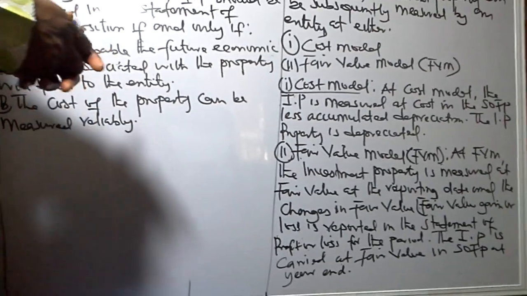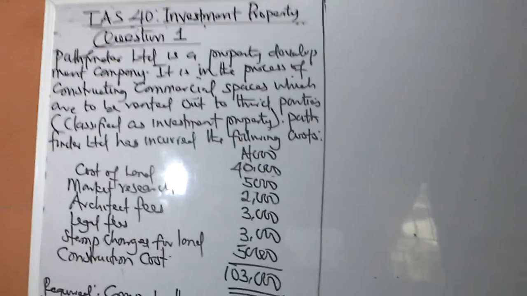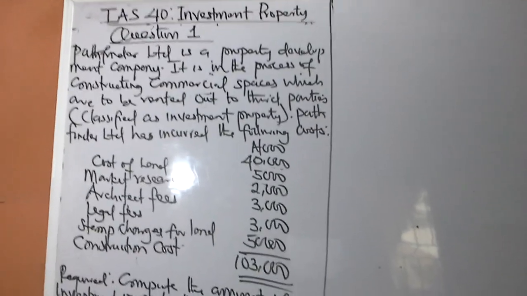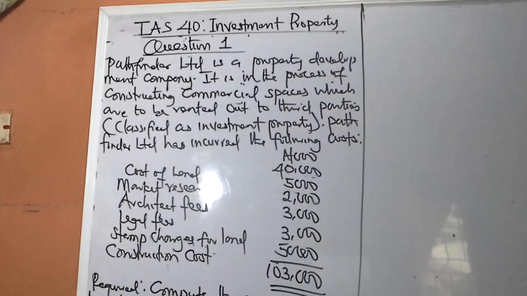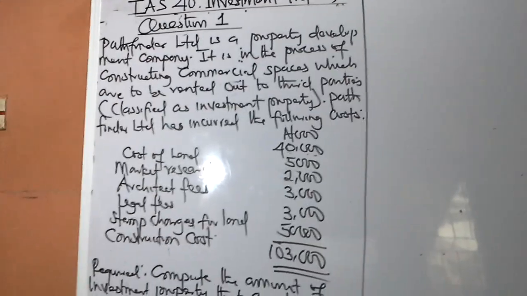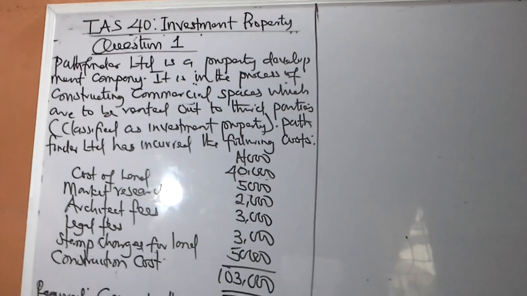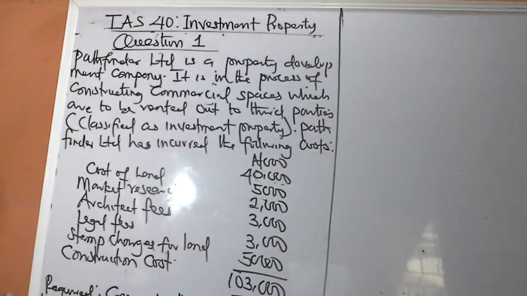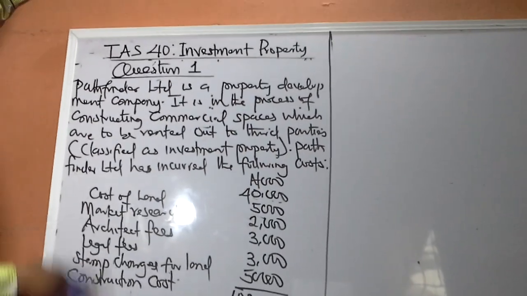So let's now look at a worked example. This is the first question. Pathfinder Limited is a property development company. It is in the process of constructing commercial spaces which are to be rented out to third parties as an investment property.